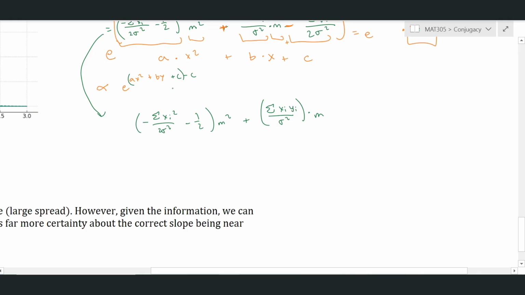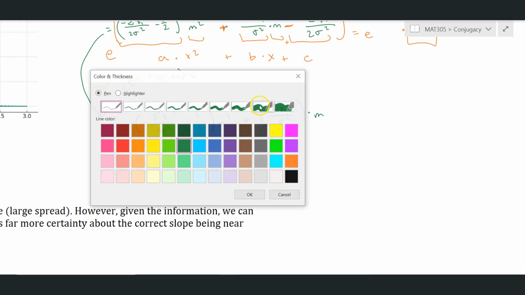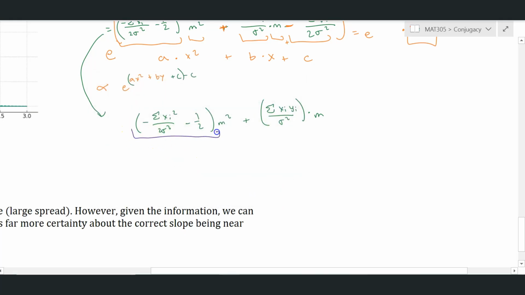And that might be hard to see right now, just because of the fact that there's a lot of stuff going on here. Well, let me refer to the coefficient of m. I'm going to refer to this right here as a, and I'm going to refer to this whole thing right here as b. Okay, so we have am squared plus bm.